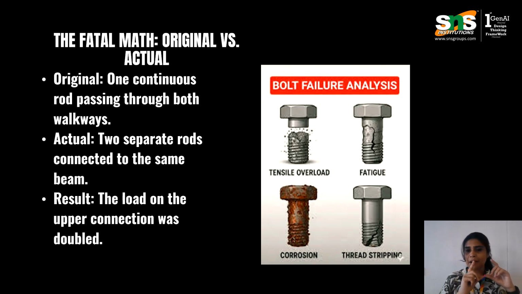They proposed a minor change: instead of one, use two shorter rods. In the original design, the fourth floor beam only had to support its own weight. In the modified design, the upper nut had to support the fourth floor plus the entire weight of the second floor hanging below. So they doubled the load on a single nut without doing the math.